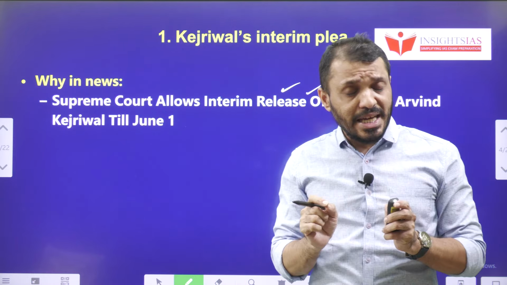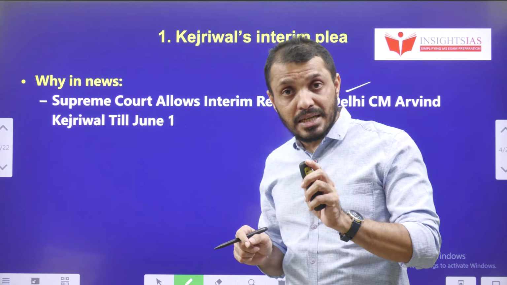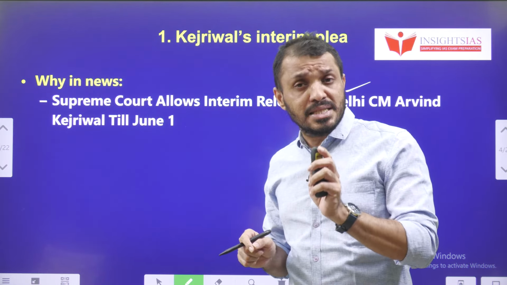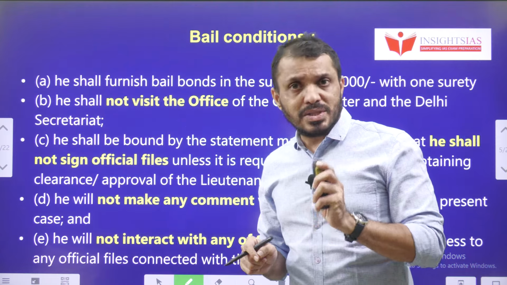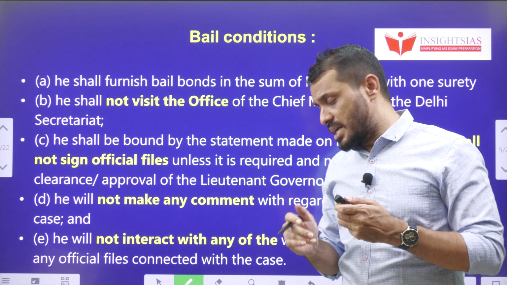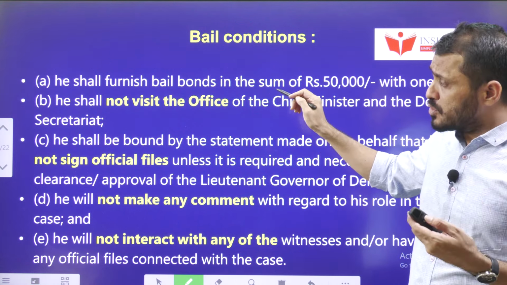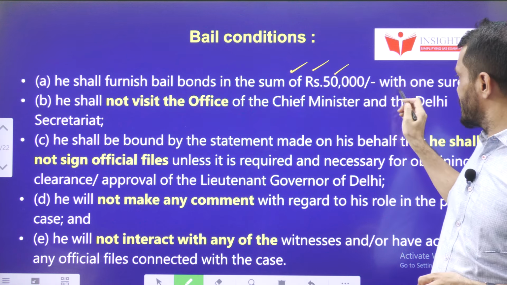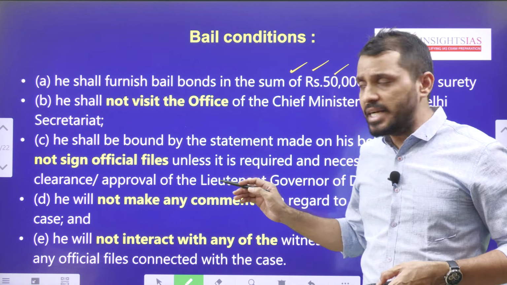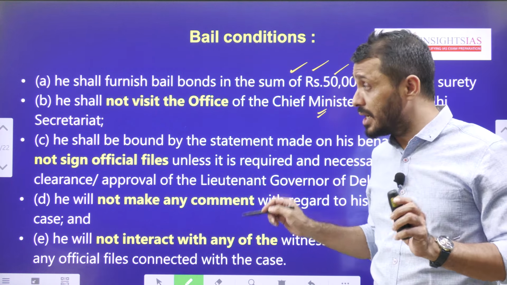Now here, Arvind Kejriwal was also released on bail. Every person while being released on bail is released on certain conditions. Those conditions apply to Arvind Kejriwal also. What are the conditions? He has to furnish a bond worth 50,000 rupees with one surety, and he should not visit the Chief Minister's office or Secretariat, very important.